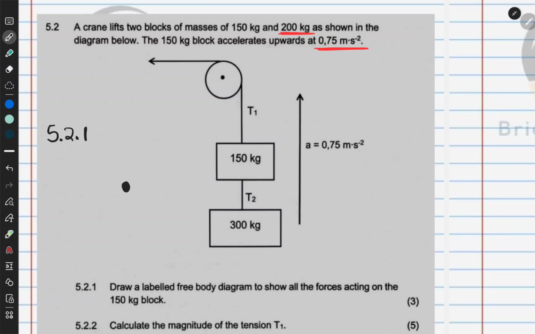the 150. Right, so we have T1 going up, and then we have the weight of the block going down.